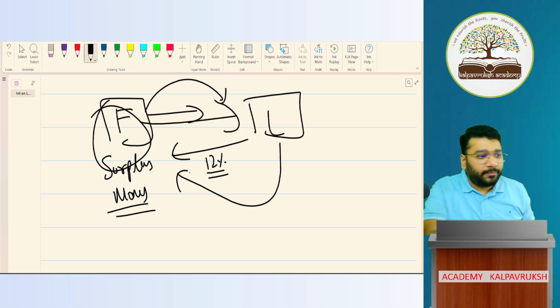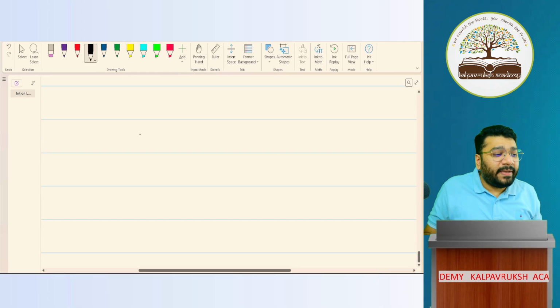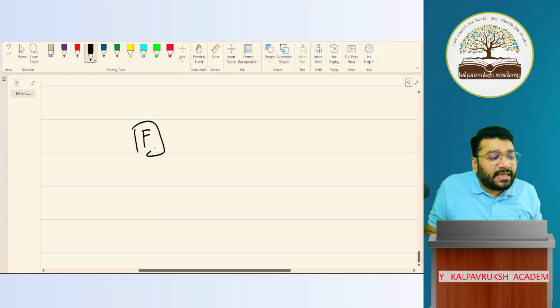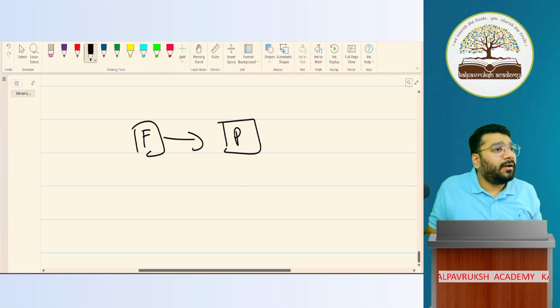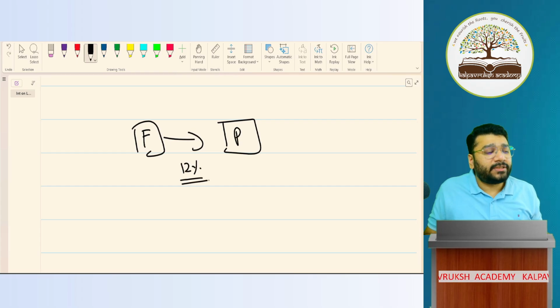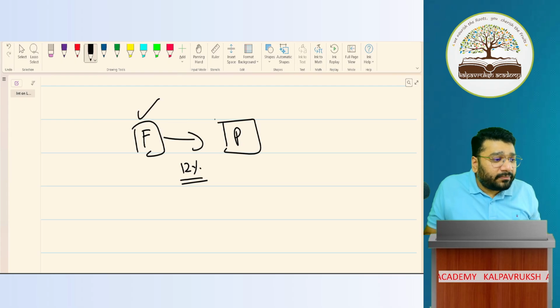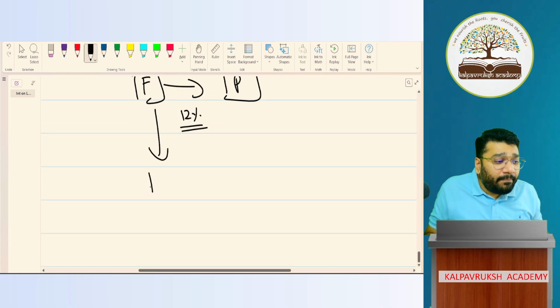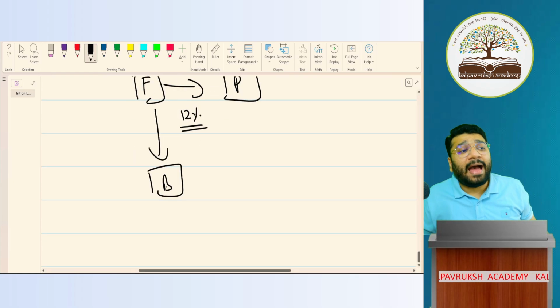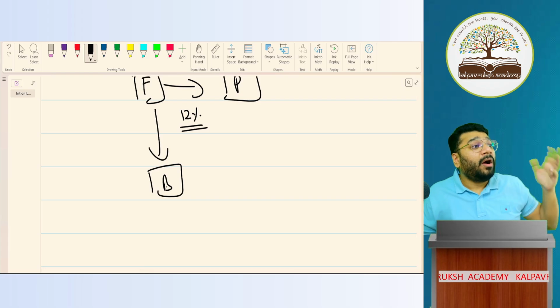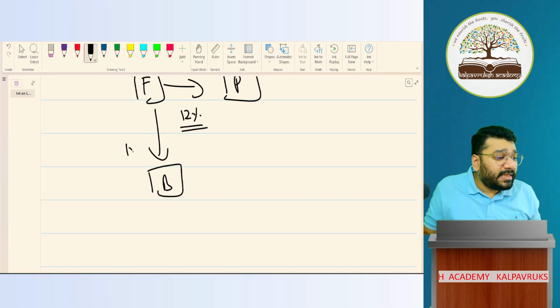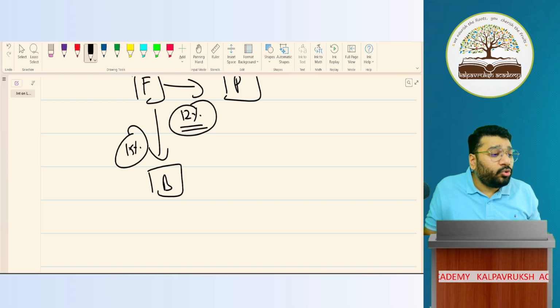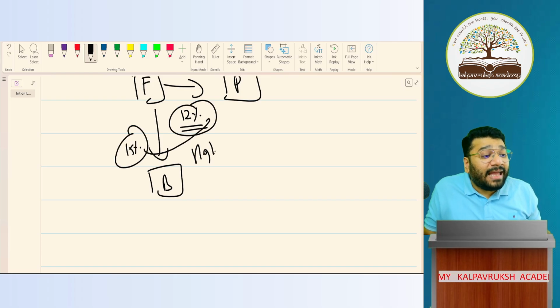What was the clause? It is mentioned that if the firm is giving a loan to the partner, the interest agreed is 12%. However, when we are asking for this money back from the partner, if the partner is not providing it, and in that case the firm goes to the bank and takes a loan, whatever the interest rate is there, let's say 15%, out of these two, whichever is the higher rate, that higher rate will be charged from the partner.